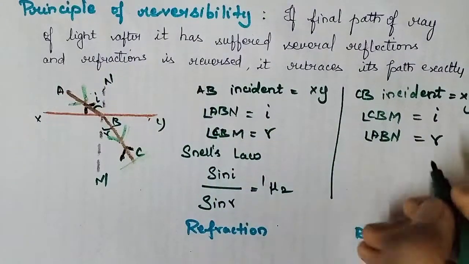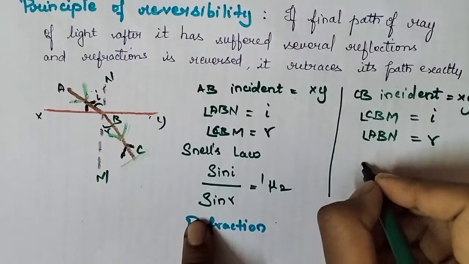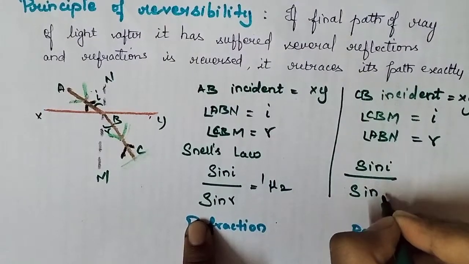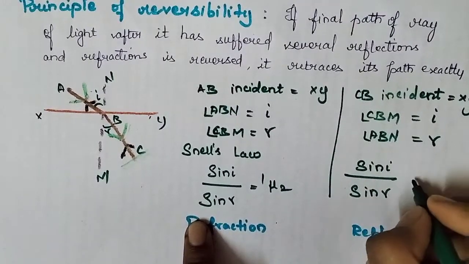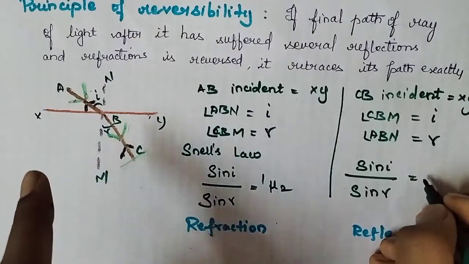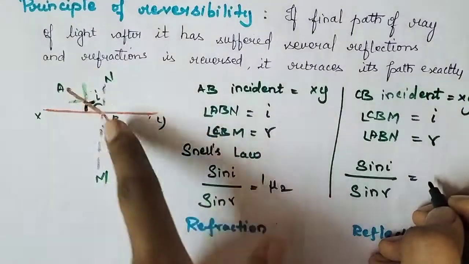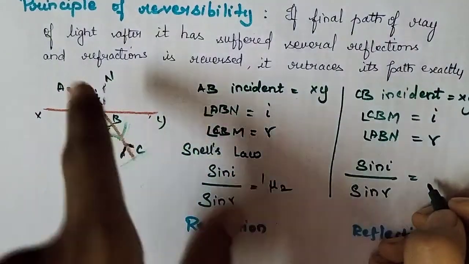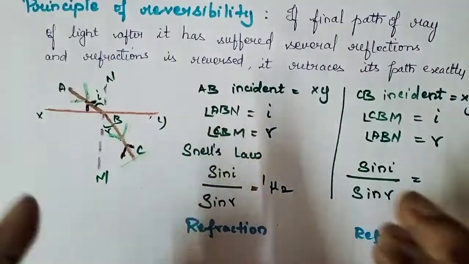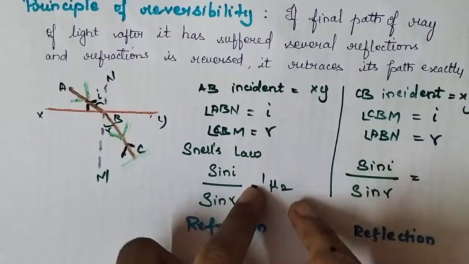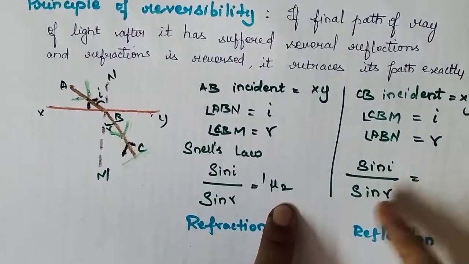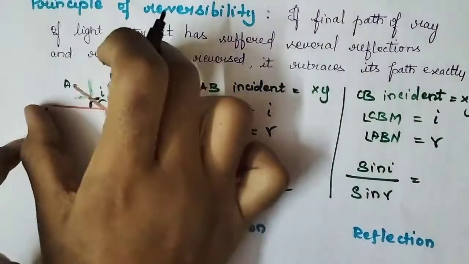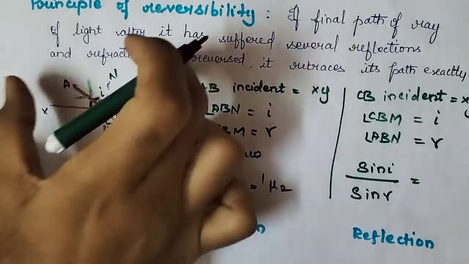According to the same Snell's law, sin I by sin R is the refractive index of 1, because it goes from medium 2 to 1, correct, from medium 2 to 1.